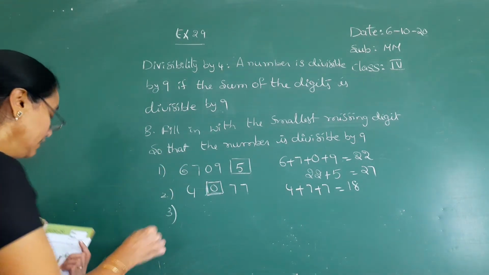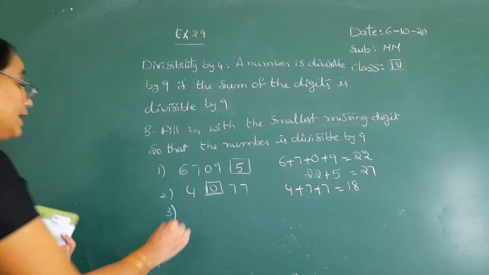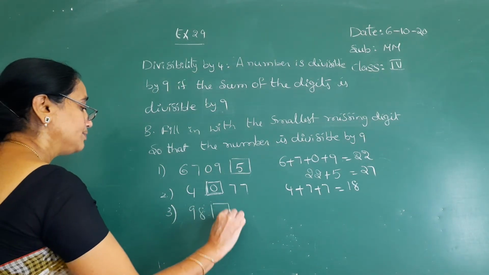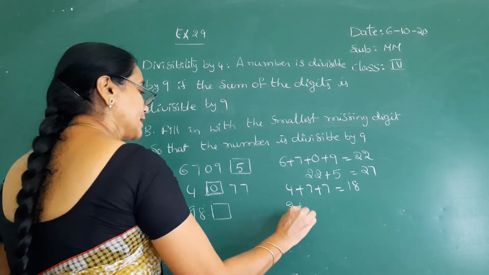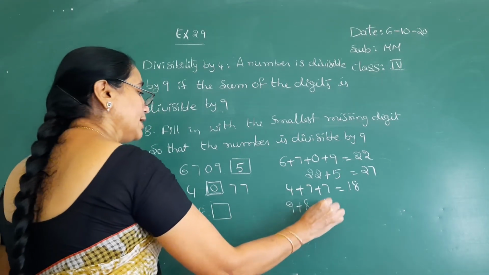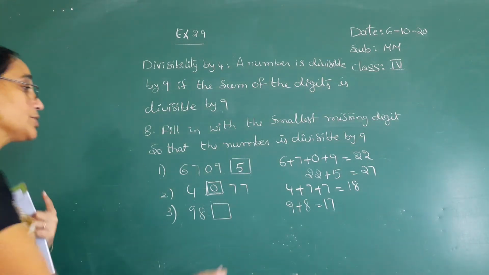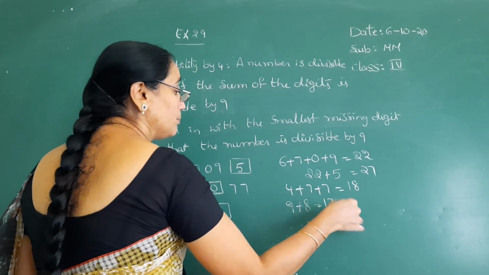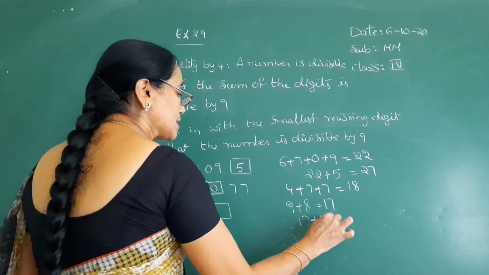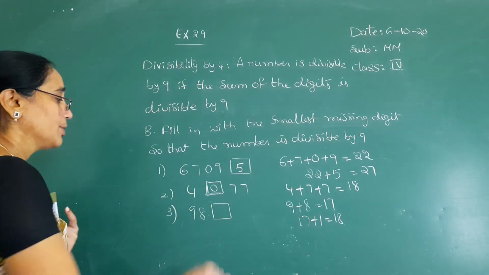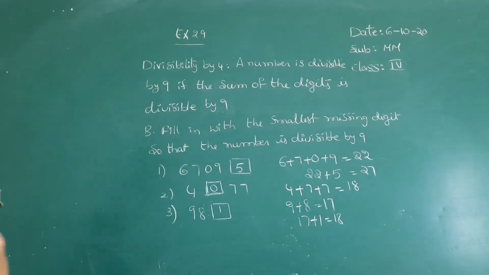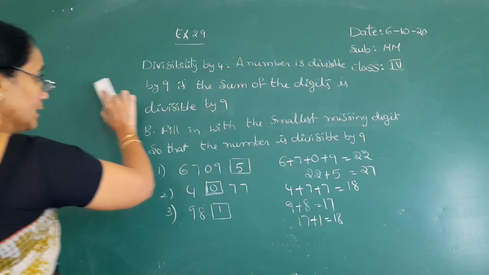See the third one, 9 box 8. 9 plus 8 is 17. Which number comes after 17 that is divisible by 9? 18. How much should you add to 17 to become 18? 1. 17 plus 1 is 18. So you have to fill this with 1.